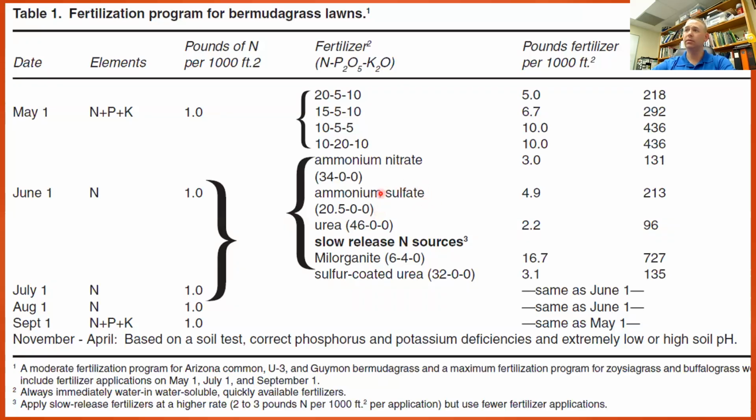The sulfate makes it a little easier for the plants to use because of the acidification. So 21-0-0, a urea 46-0-0, a sulfur coated urea 32-0-0 is a pretty good option as well.